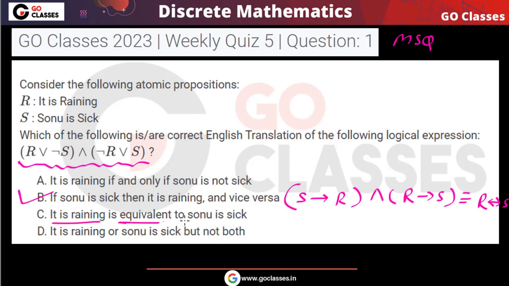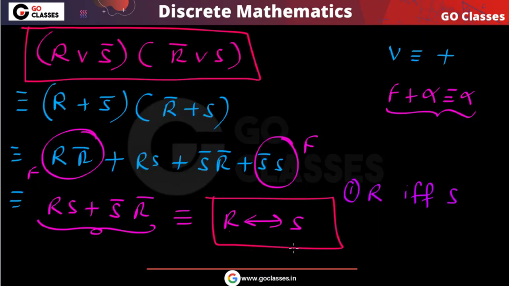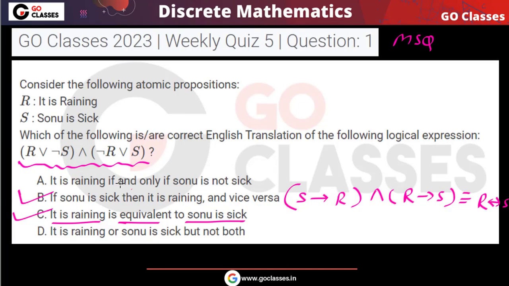It is raining is equivalent to Sonu is sick. This is also correct, because r biconditional s means r implies s and s implies r, meaning r and s always have the same truth value. This is the meaning of r biconditional s. So it is raining is equivalent to Sonu is sick. Okay, so this is also correct.